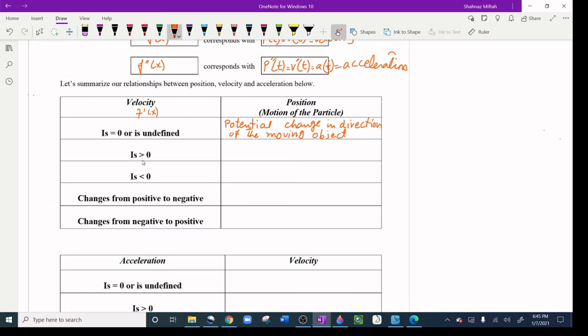So if velocity is greater than 0, then we're going to say position is increasing, or we can say the particle is moving to the right.